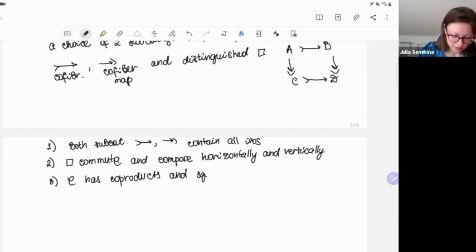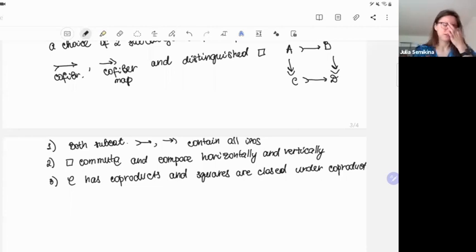and the coproduct of two squares is also a square. So squares are closed under coproduct. And one more technical condition, but what does it all mean?